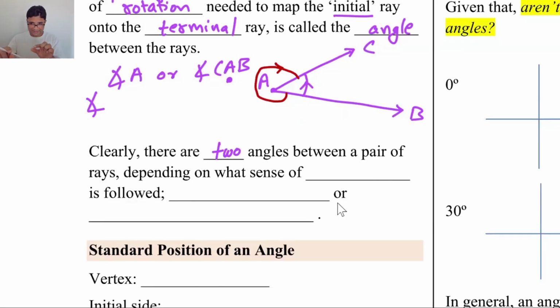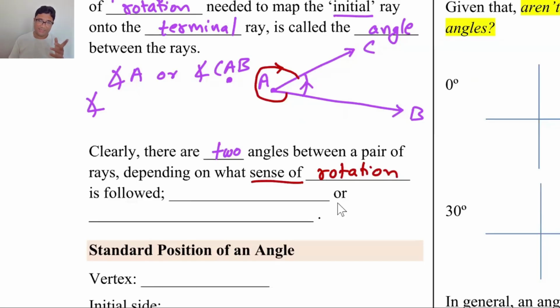So for both these angles, the initial ray and the terminal ray are the same, right? So there are two angles between these two rays, depending on what sense of rotation is followed. Sense of rotation.